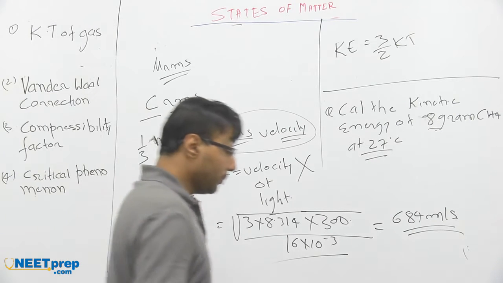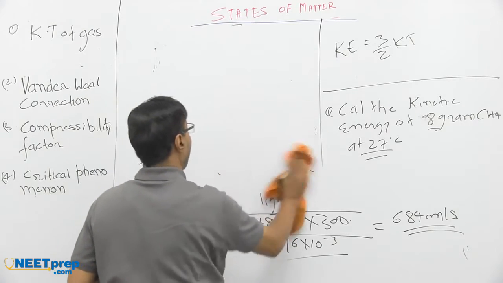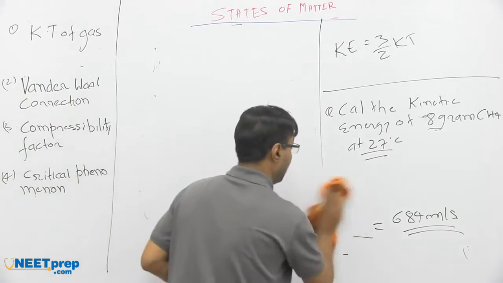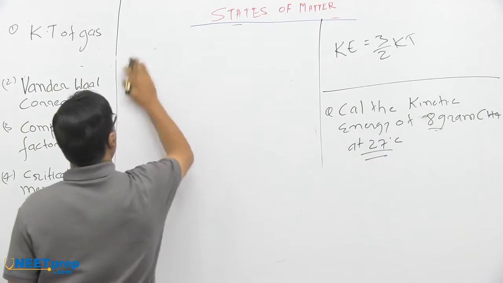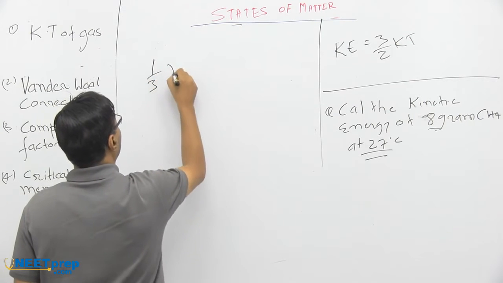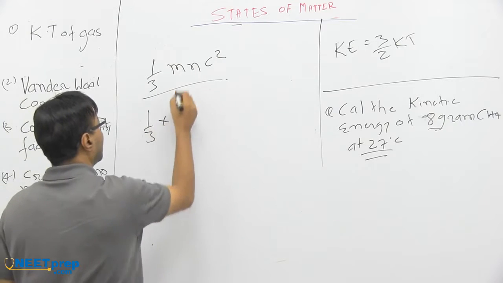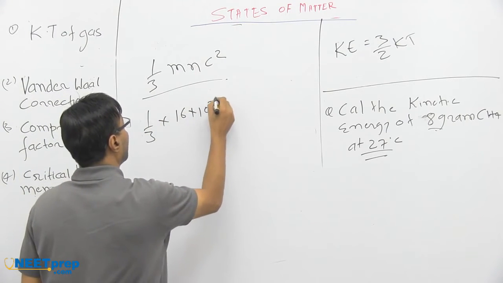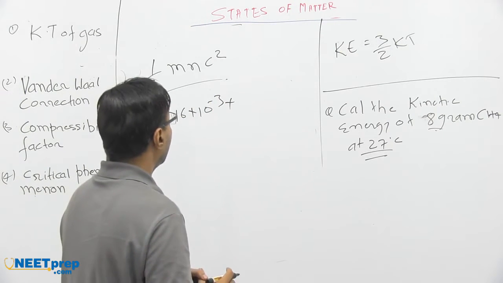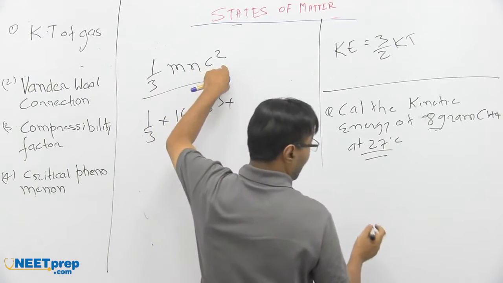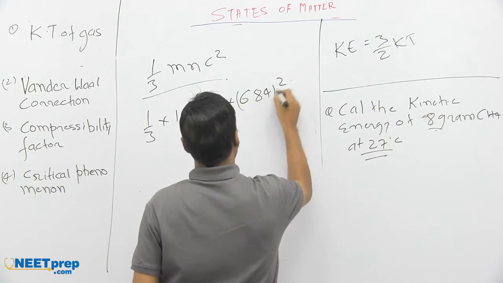Now what we have to do? We need to find out 1 by 3 m n c square. So 1 by 3, what is the mass? 16 into 10 raised to power minus 3. And what is the velocity here? 684 whole square.